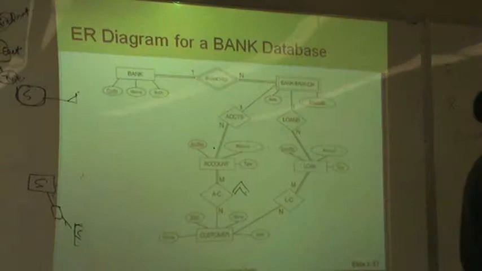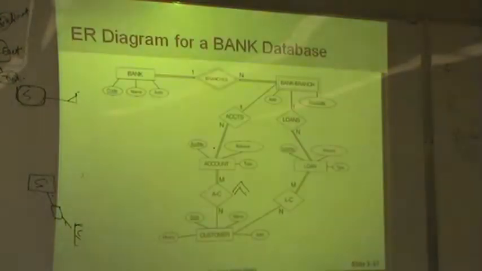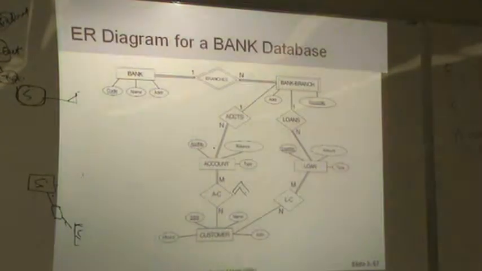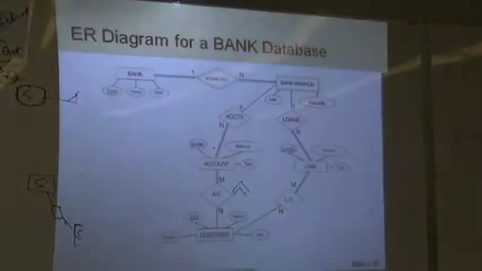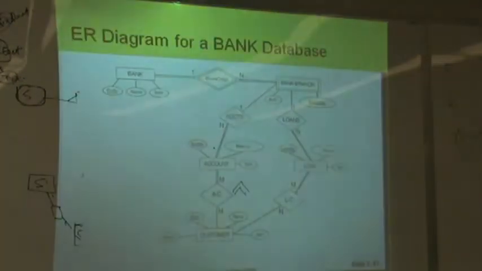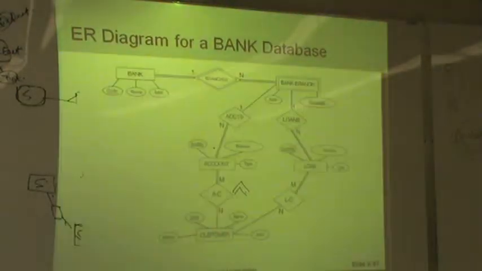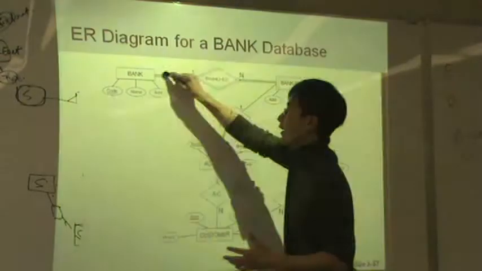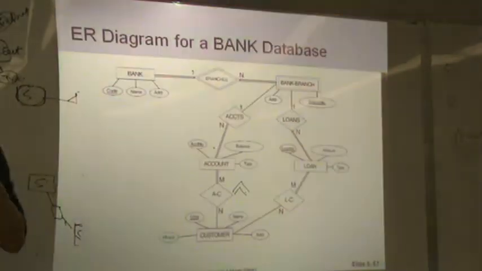This is an ER diagram for a banking database. Given an ER model, can you understand the meaning of this database, the meaning of this information? It's kind of reverse engineering, right? So last class and today we have talked about ER modeling from the requirements, but this is the reverse way. Given an ER diagram, can you understand its meaning?